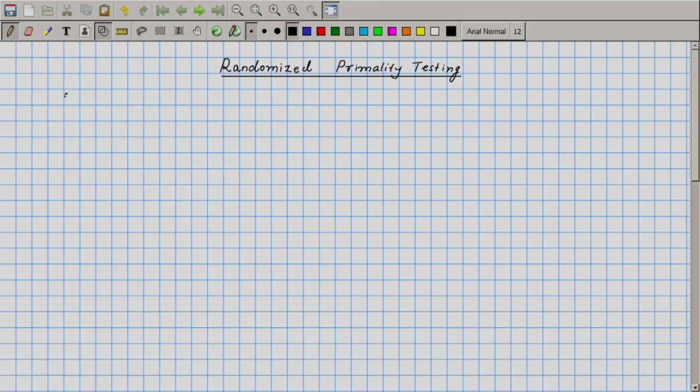In today's lecture, we will learn about primality testing. Our objective is the following. Design a randomized algorithm such that, first, it should run in polynomial time.